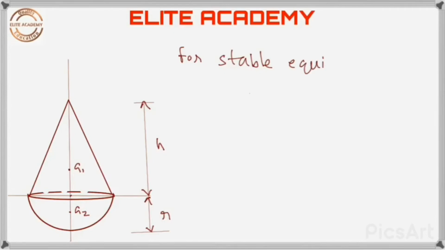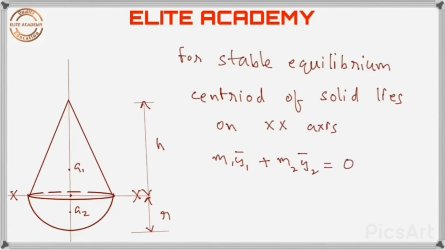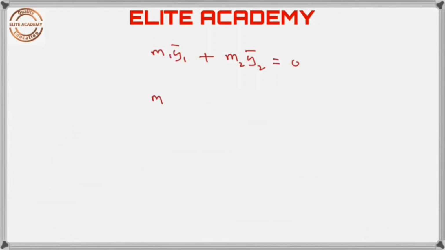So for stable equilibrium, the center of gravity of this solid should lie on common surface. Here common surface is along x axis. X axis is here. This is x axis. When it lies on this axis, then this solid remains in stable equilibrium. So m1 y1 bar plus m2 y2 bar is equal to 0.